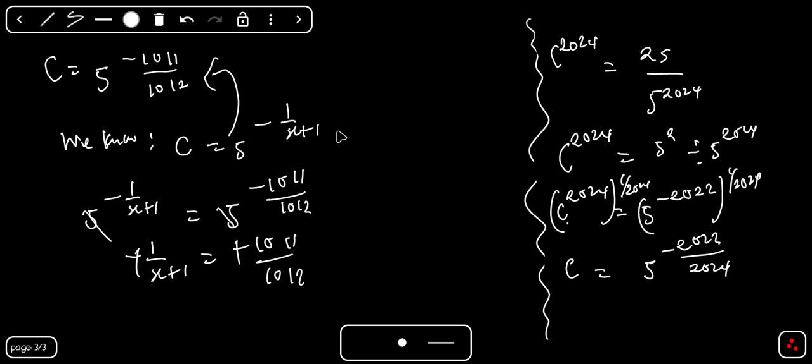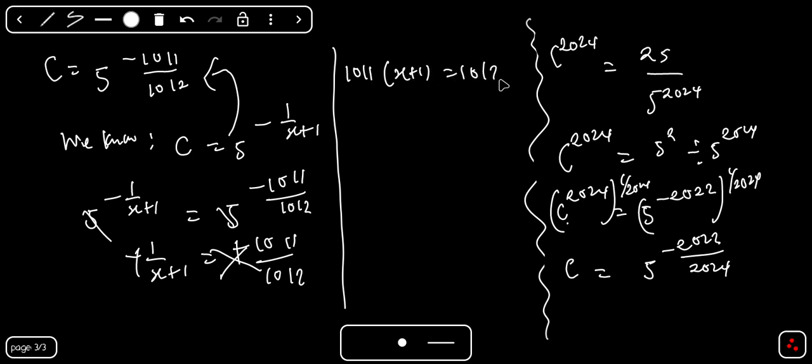If you cross multiply, that will be 1011 multiplied by (x + 1) equals 1012. Then divide both sides by 1011, so we have x + 1 equals 1012 over 1011.